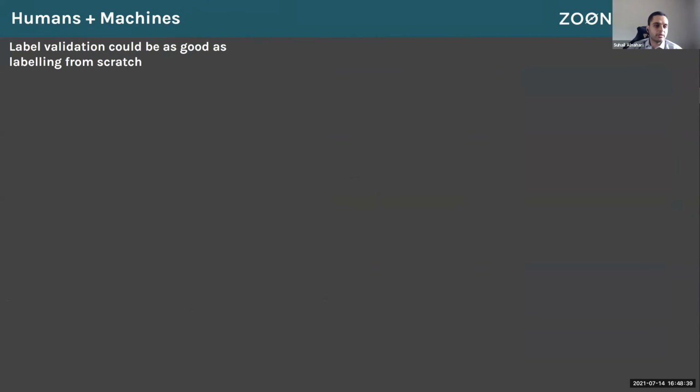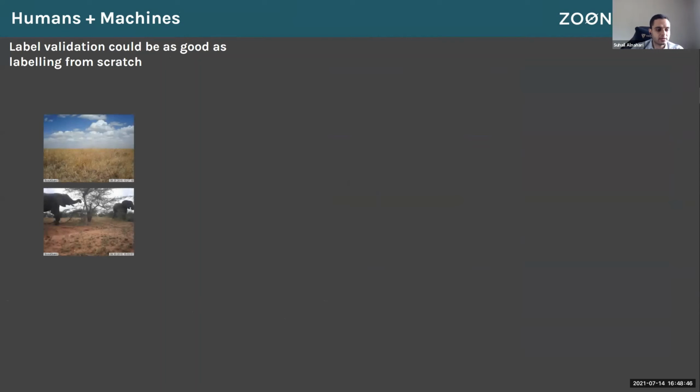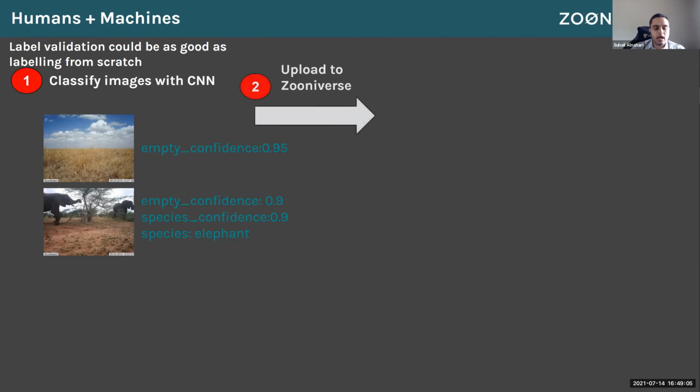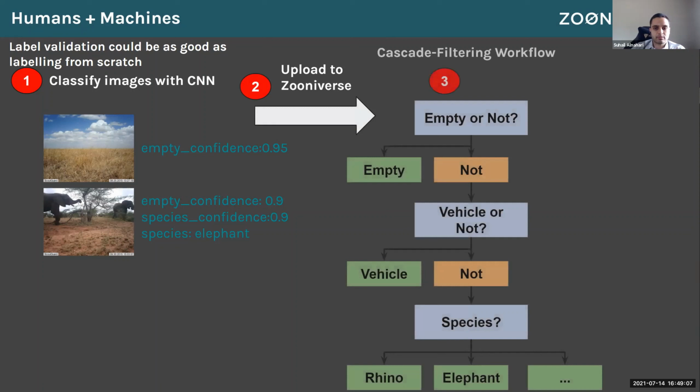Another way that we optimize crowdsourcing is label validation. Instead of taking these two images and telling volunteers, okay, label these images, what classes are in these images, if we already have a model that distinguishes empty landscapes and elephants, we can get a confidence, and then we would upload it, and filter out based on the species that we already know, the common ones.